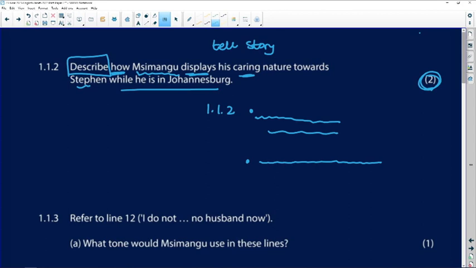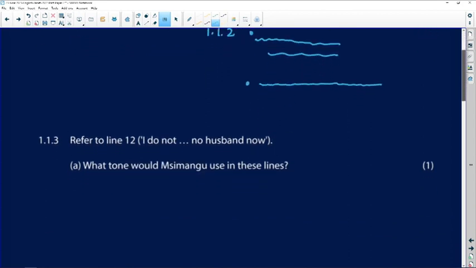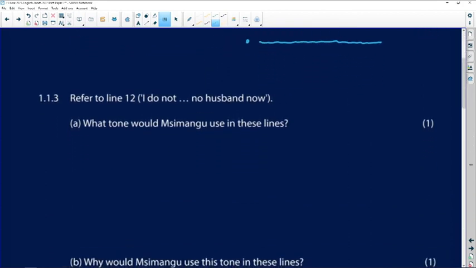Now we come to a question that you're going to see over and over and over again, which is a tone question. So remember, this is not the question. This is the preparation for the question. But go to line 12 and then say to yourself, what tone? So when I'm doing tone, this is how I teach tone.